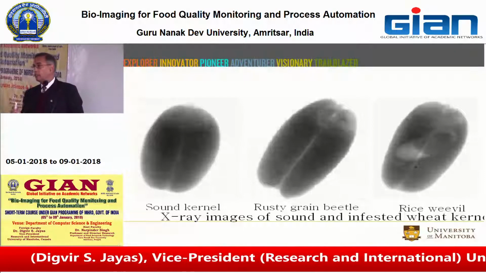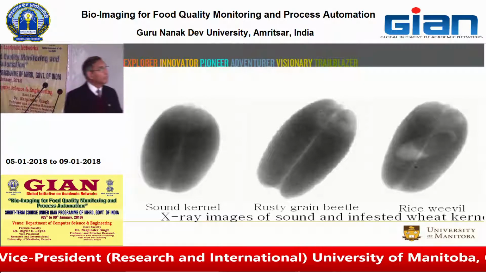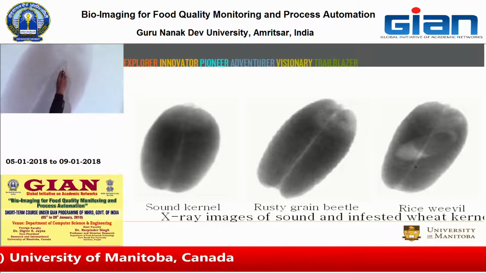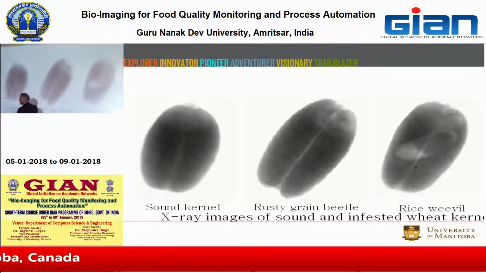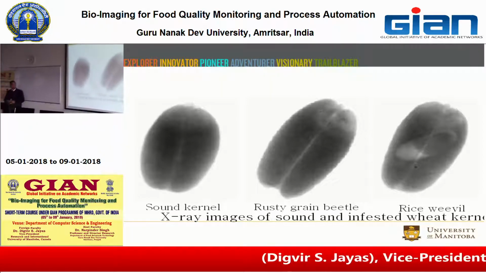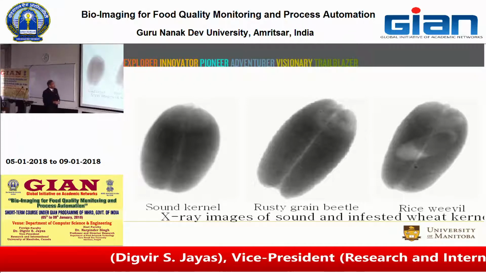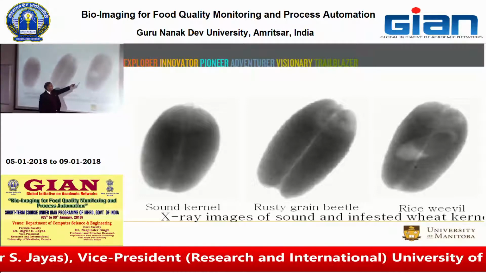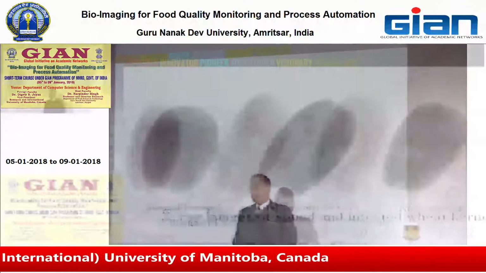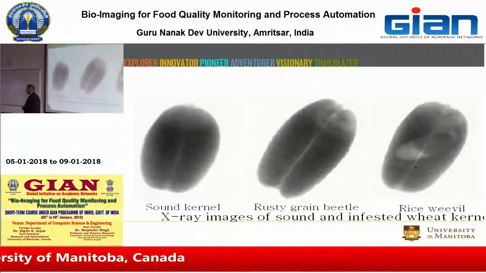So you capture the transmitted energy from the sample at the detector, and that gives you the image, which in this case is an example of a sound kernel. So the first one is the sound kernel. If the light was clear, you would be able to see the rusty grain beetle, one of the insect types.